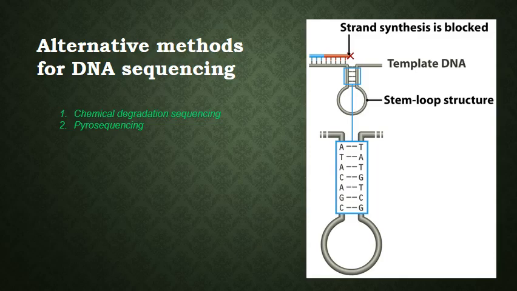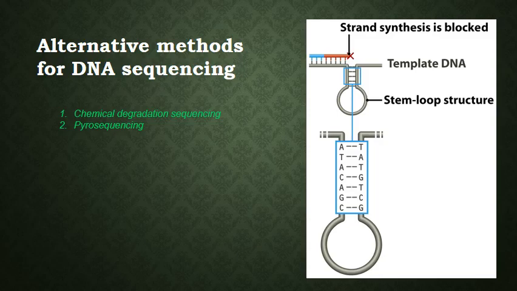DMSO is then added and the DNA heated to 90 degrees centigrade. This breaks the base pairing between the strands, enabling them to be separated from one another by gel electrophoresis. The basis of this is that one of the strands probably contains more purine nucleotides than the other and is therefore slightly heavier and runs more slowly during electrophoresis.